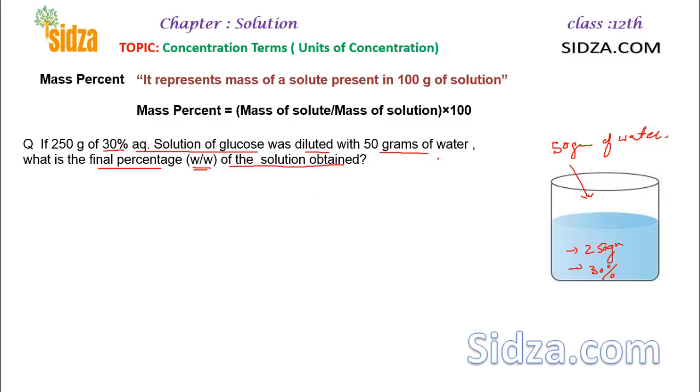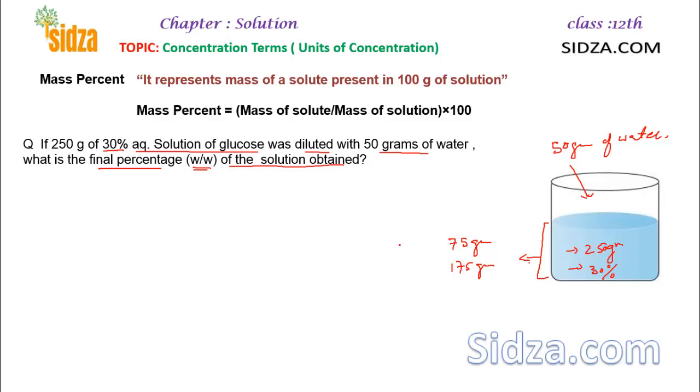So we will do the same thing. We can first calculate the weight of solute and the weight of solvent in this 250 grams. We have just calculated that 250 grams of the 30% glucose solution contains 75 grams of glucose, and it contains 175 grams of water.